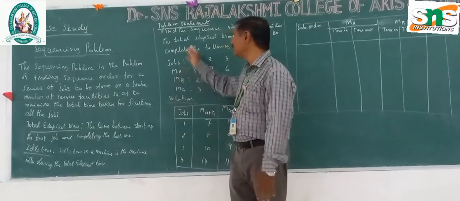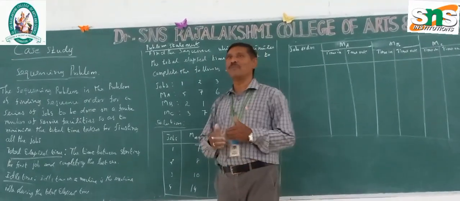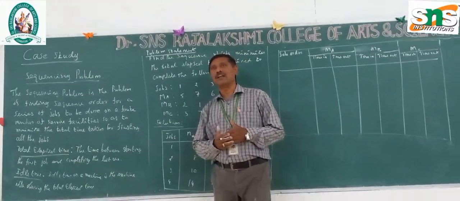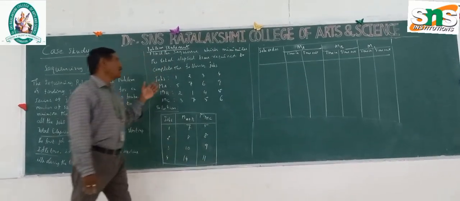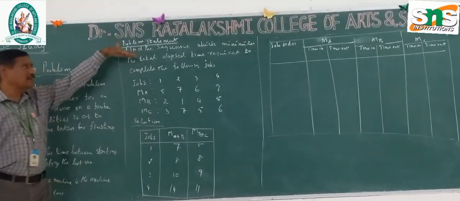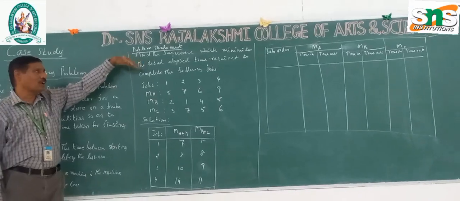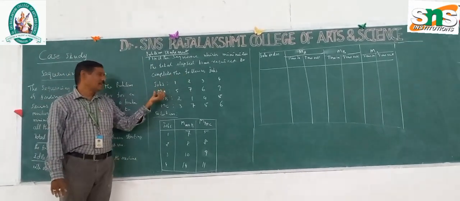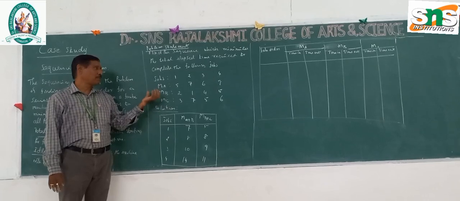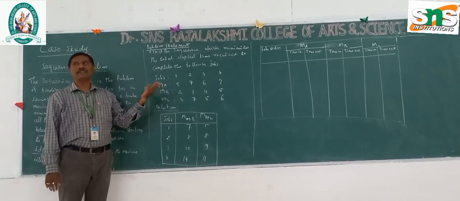Now we discuss some problem statements and how we calculate the total elapsed time and idle time of the machines. Here the problem statement: find the sequence which minimizes the total elapsed time required to complete the following jobs. Here there are 4 jobs and 3 machines given. Therefore the problem is called n jobs with 3 machines.